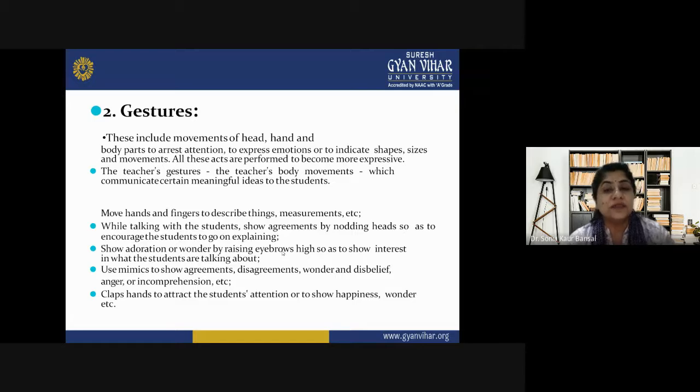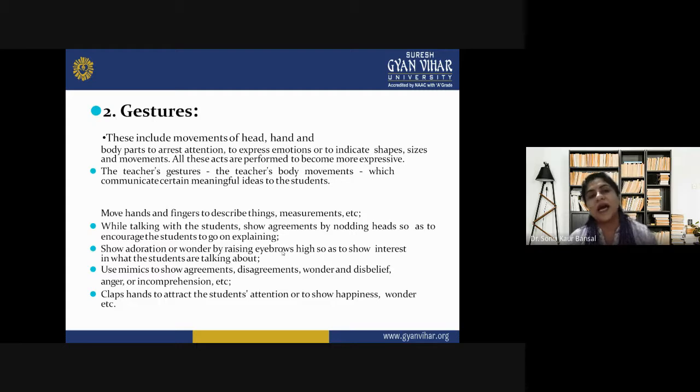So this is very important to understand that it includes movement of head, hand, and body parts to arrest attention of the students, to express emotions, or to indicate shape, size, and movements, how the teacher is teaching. All these acts are performed to become more expressive. Okay, students. So the teacher's gestures, the teacher's body movements, which communicate certain meaningful ideas to the students.